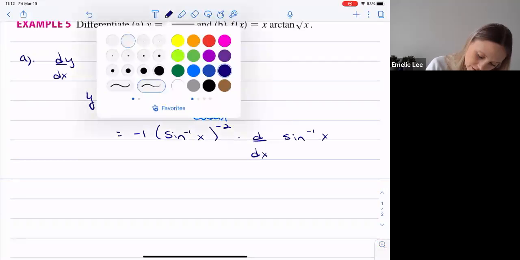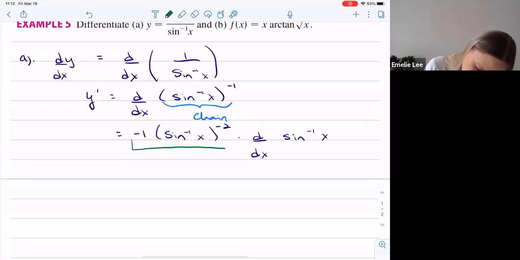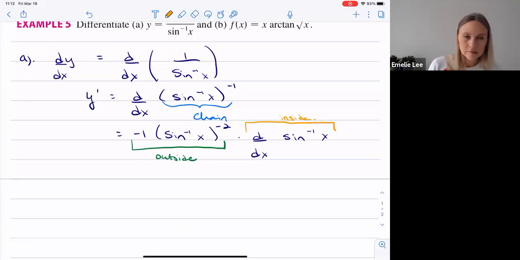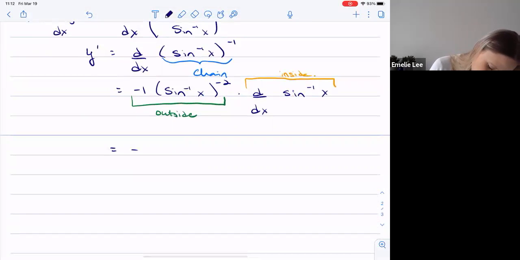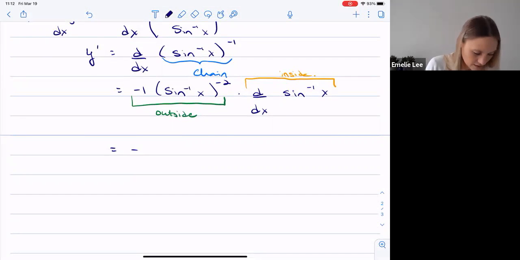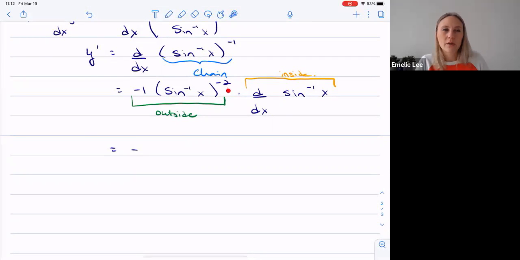Here, this is the outside, multiplied by the inside. It's going to be negative. With that power of -2, I'm just going to bump it downstairs right away.